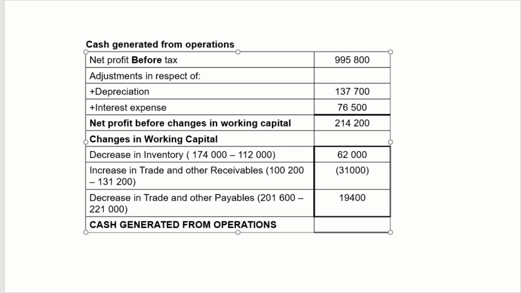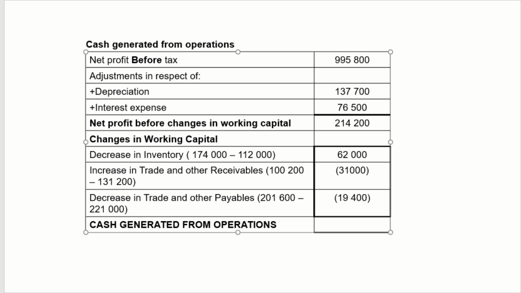Now, bear in mind what I said: if you get a negative amount, it is an outflow of cash. If you get a positive amount, it is an inflow of cash. So in this case, we got a negative amount, meaning that it was an outflow of cash, and it's supposed to be in brackets like that.